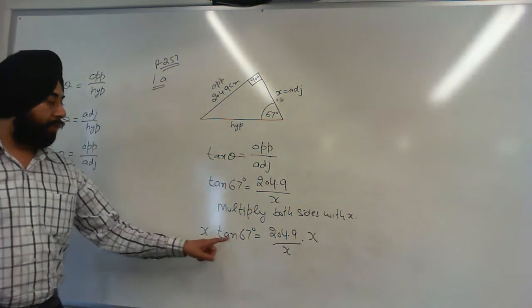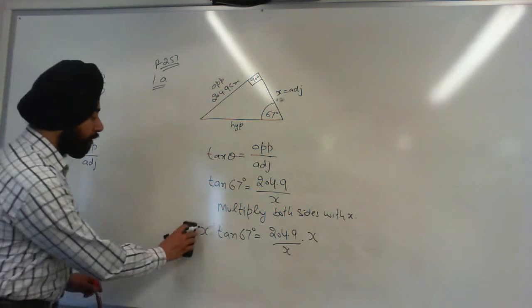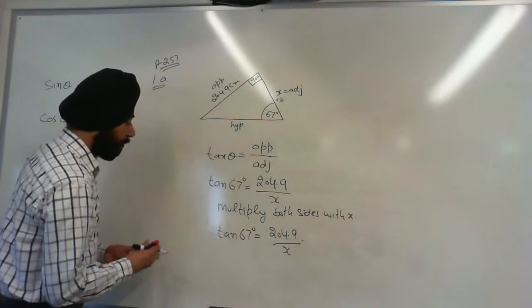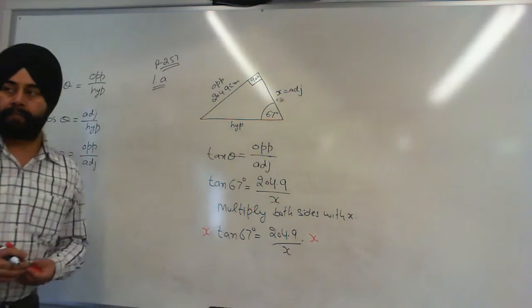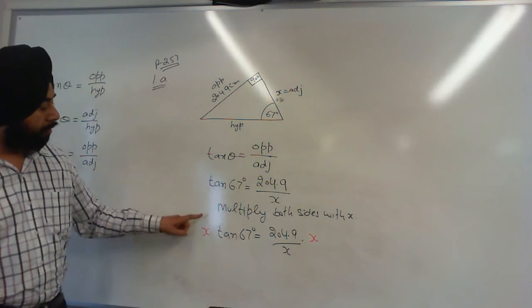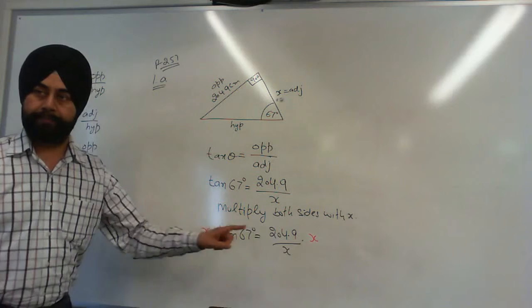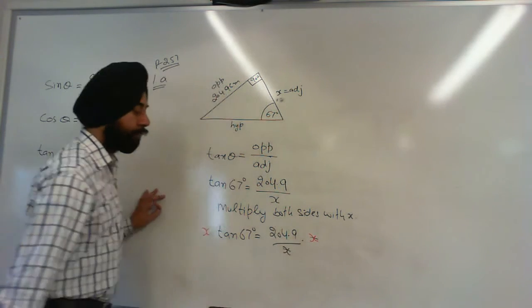See, I multiplied with x on both sides. Now this way you can cancel that x out.